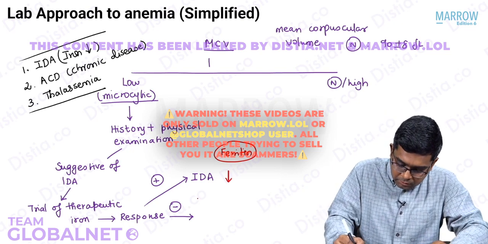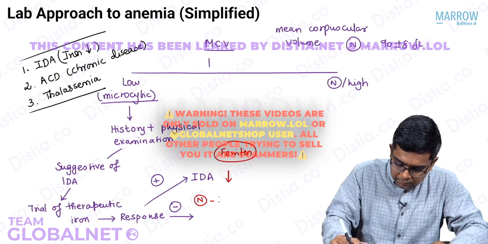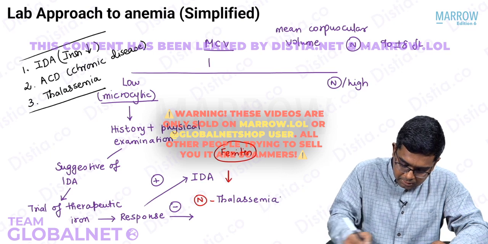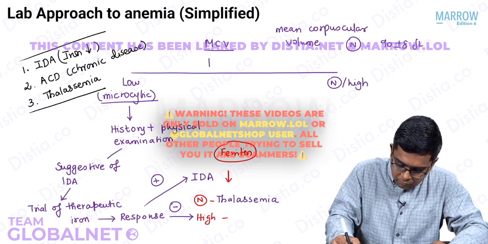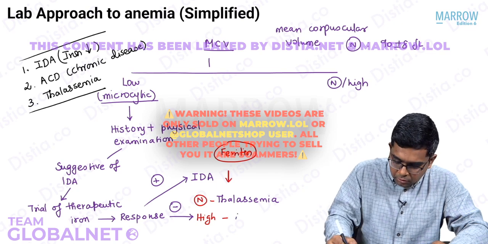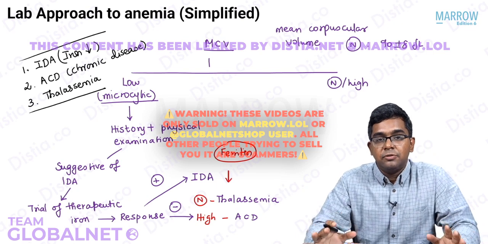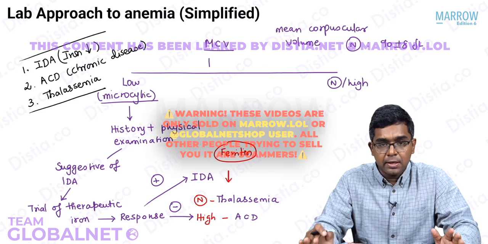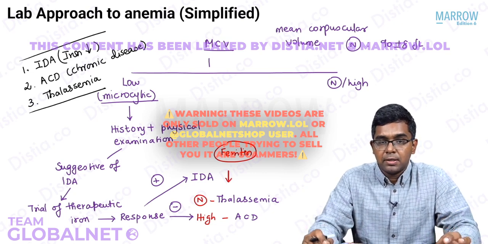Ferritin levels are usually normal in thalassemia, and ferritin levels are high in anemia of chronic disease. So ferritin helps in further distinction of the three causes of microcytic anemias. This is the approach to low MCV anemia or microcytic anemia.